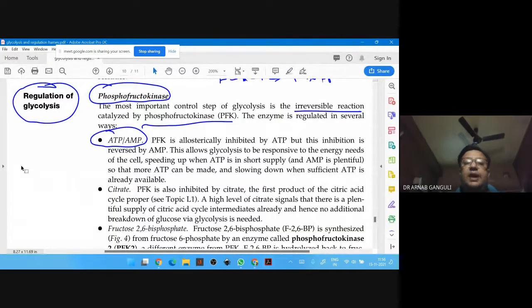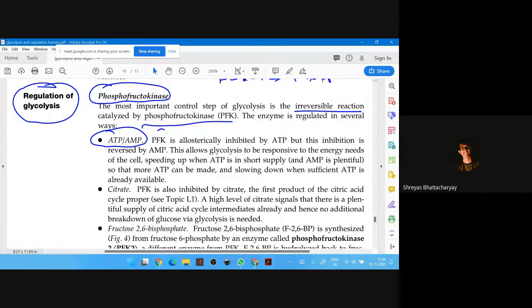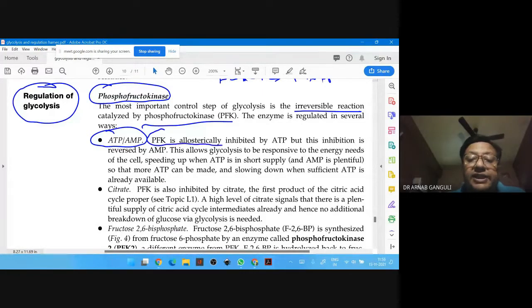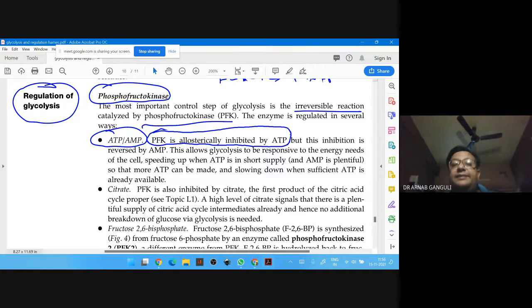So, are you clear about allosteric regulation? Yes, sir. So, PFK is allosterically inhibited by ATP. If a lot of ATP is present in the cell, then it inhibits this PFK enzyme.